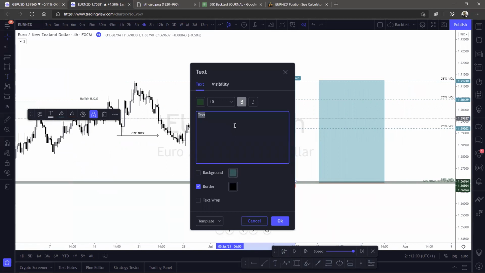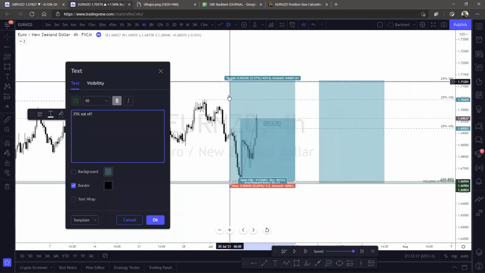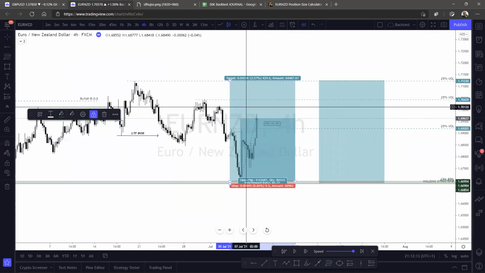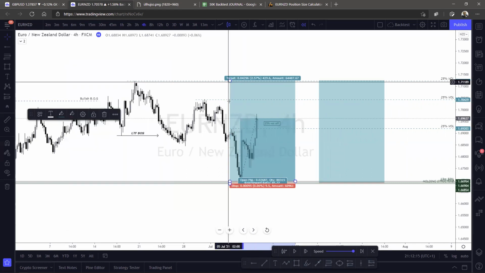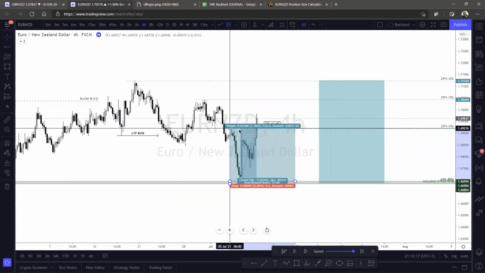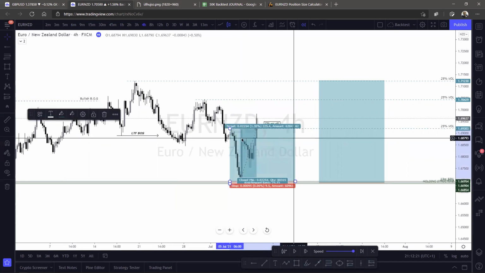So this is 25% volume off, and okay, we use 200 as the whole even number.